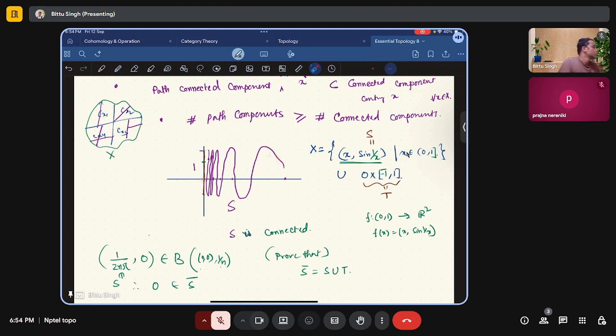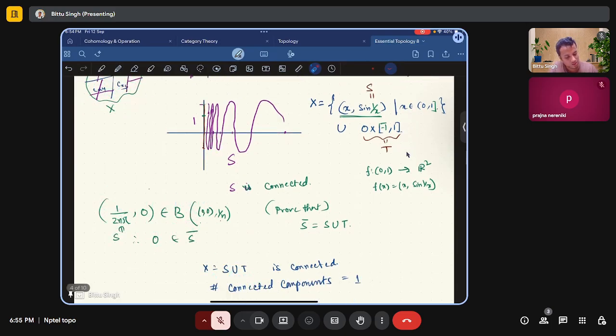Intuitively it is clear, but we can prove that fact rigorously. This proof is already given. The idea is nothing but to use the intermediate value property. Whatever path you choose, suppose it starts at this point and ends at some point in the sine curve, then the intermediate value property will contradict this fact. So this cannot be possible.